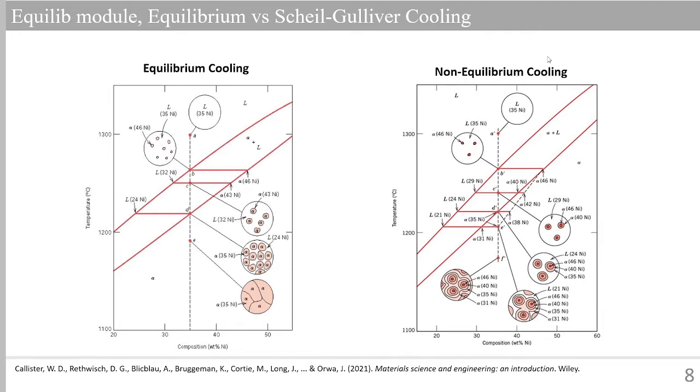In non-equilibrium cooling or Scheil-Gulliver cooling, the fast cooling rate means that as phases are formed, there is no equilibrium between the different phases, and so phases generated at one point will be kept and are permanent through the entire cooling process, which means, as you can see in the figure, that the final phase is not uniform.